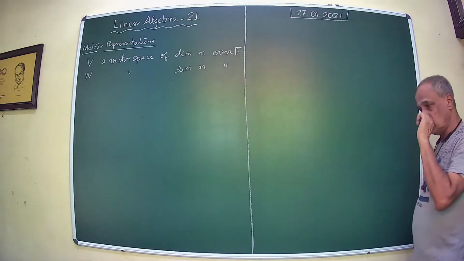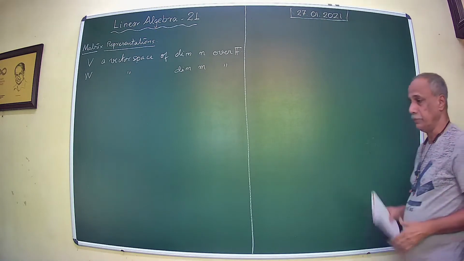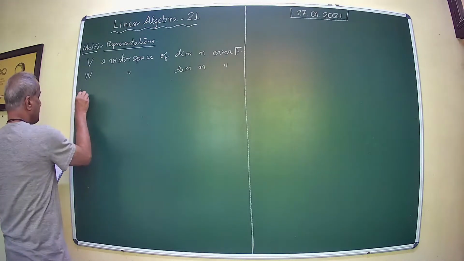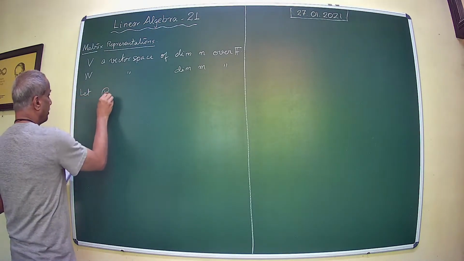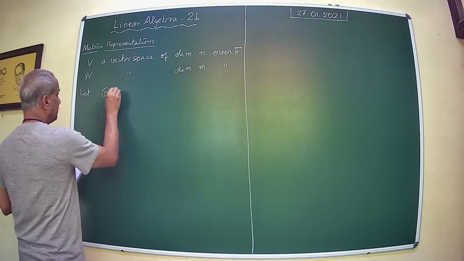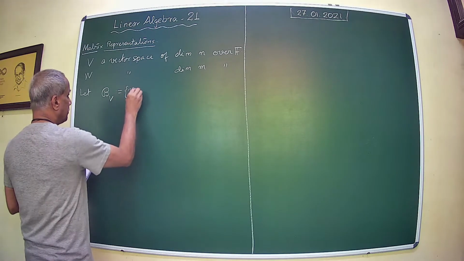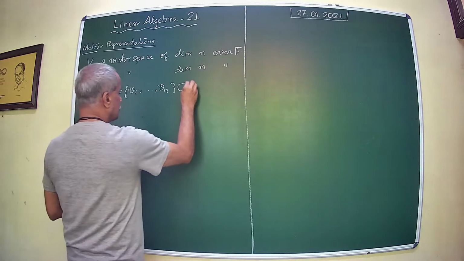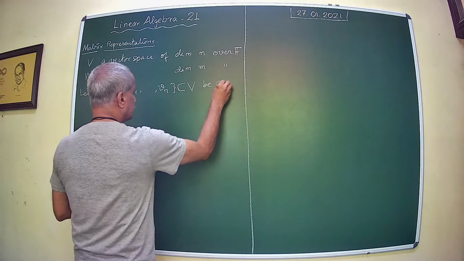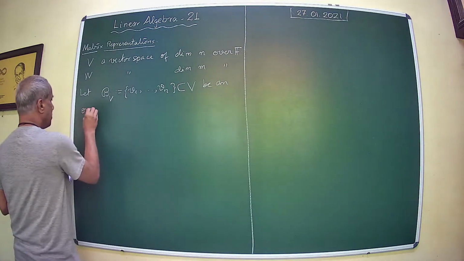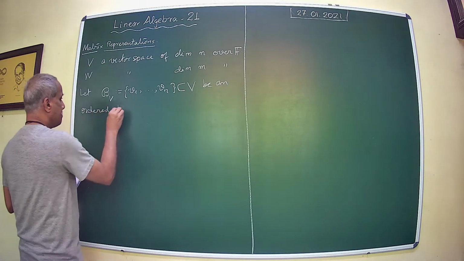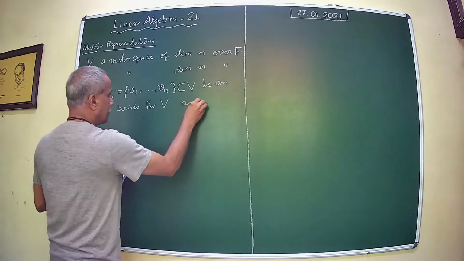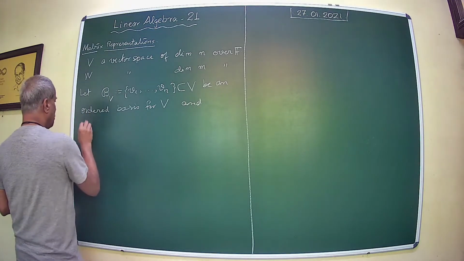Now we have also fixed the basis, so let us call our notation ordered basis BV and BW.